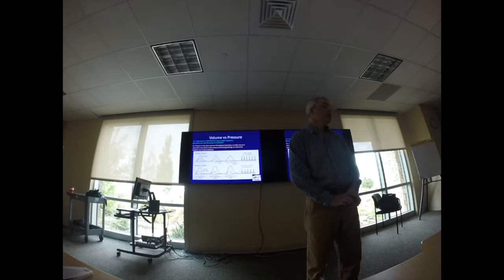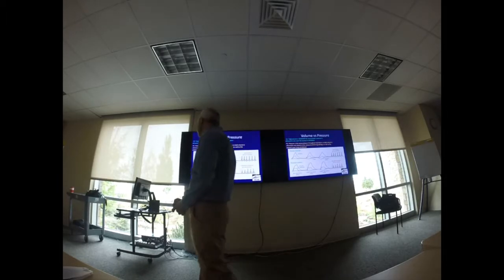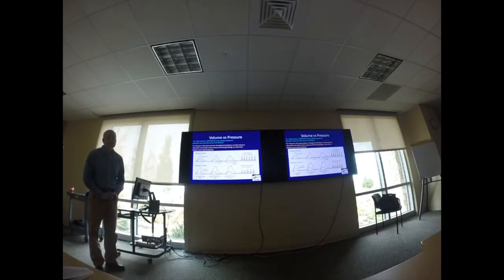I want to see what pressures the ventilator has to achieve to deliver that volume of 500 cc's. Do you guys get it? It's going to deliver 500 despite the pressure. Does that make sense with volume control? I set the volume and the ventilator delivers that volume despite the pressure, okay?